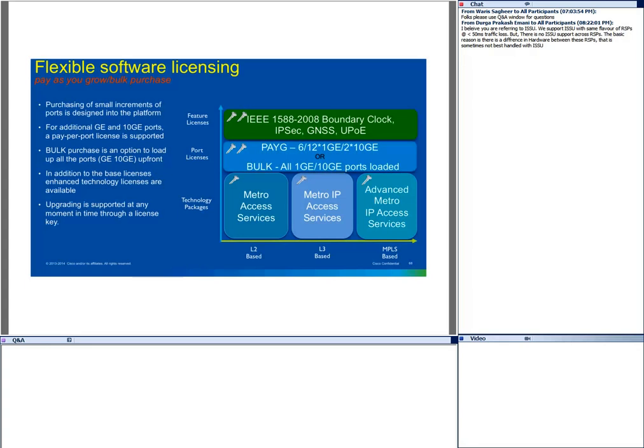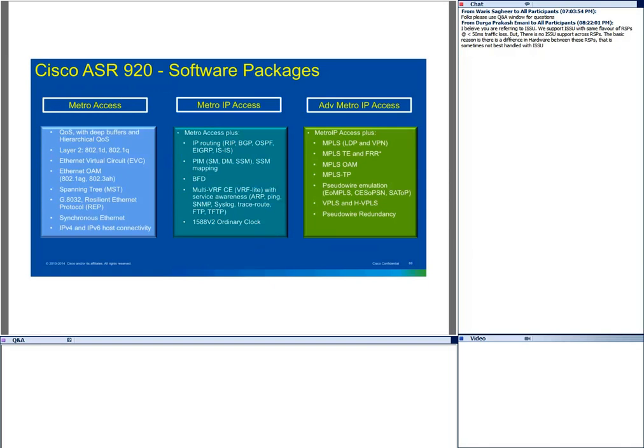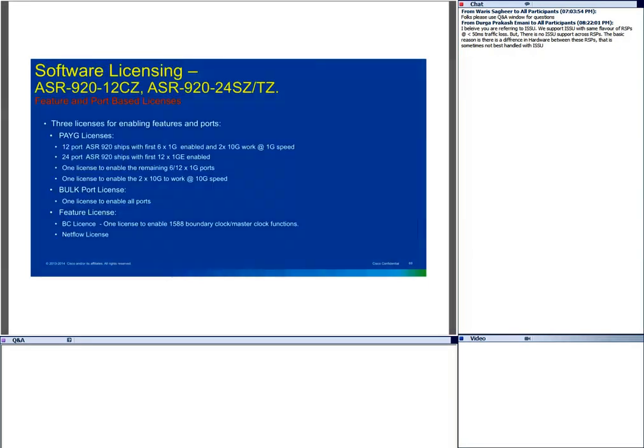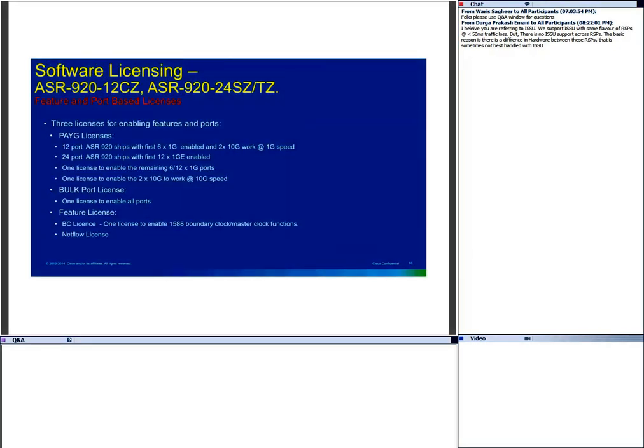The technology packages are all your layer 2, layer 3, MPLS, your port-based licenses to enable ports, and then you have feature licenses to enable your features like IPsec, GNSS, UPOE, and boundary clock. So for each and every variant, right, how the licenses work, I have it in the slides here. I'm not going to go through it in the interest of time, but you can read through it. It's pretty self-explanatory.